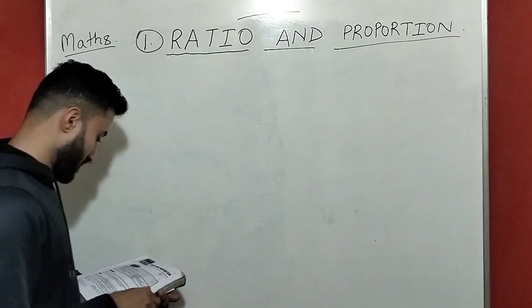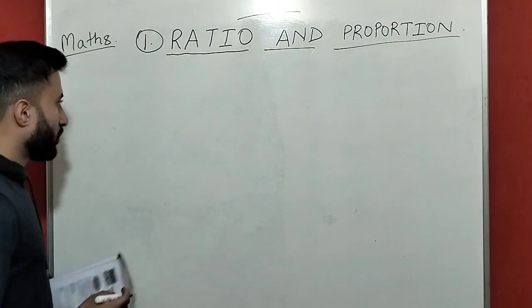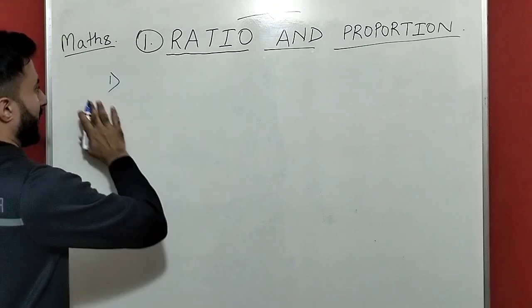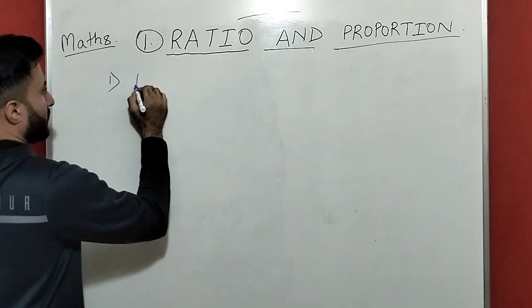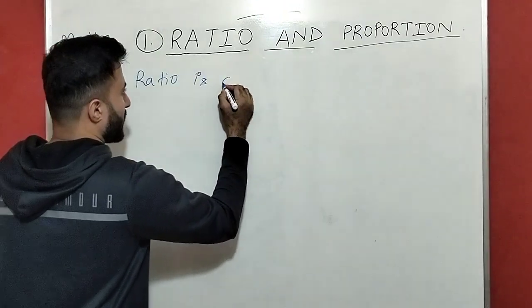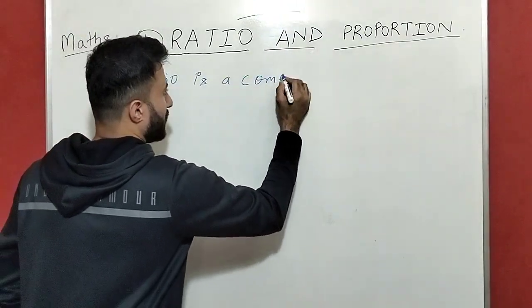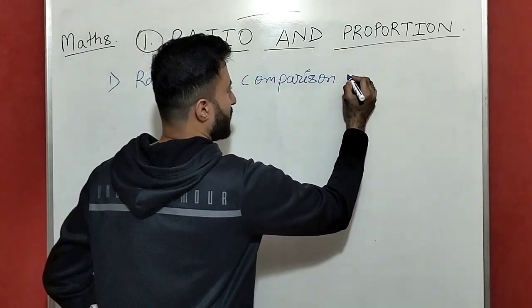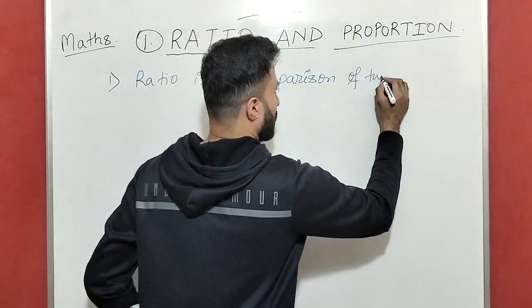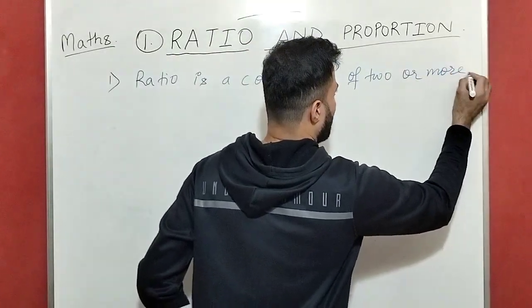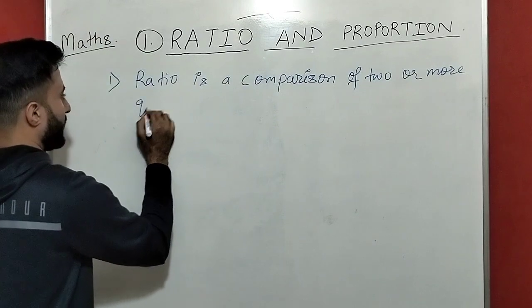So, you can write with me. The first thing we will write in the notes, point-wise, is, as I have told you, ratio is a comparison of two or more quantities.